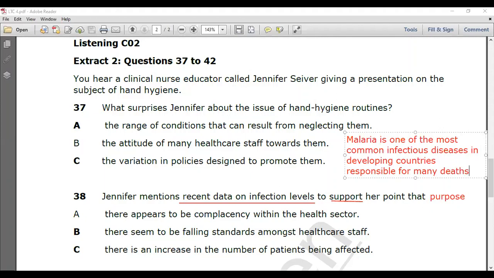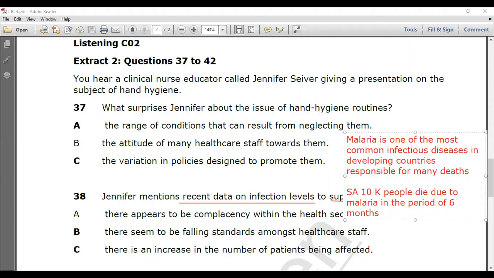And then I go on to say that in sub-Saharan Africa, 10,000 people die due to malaria in the period of 6 months. So here I'm giving out the statistics of sub-Saharan Africa.